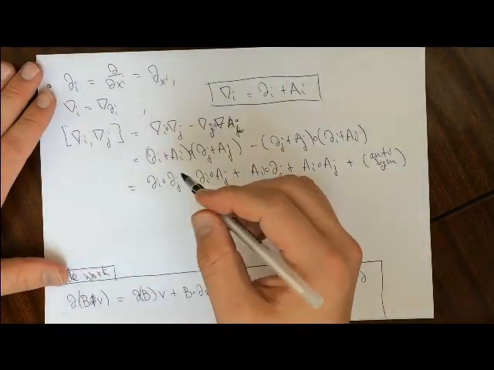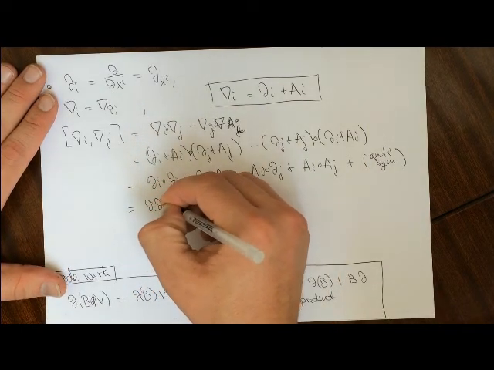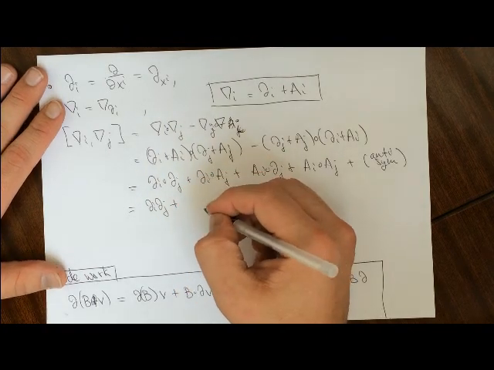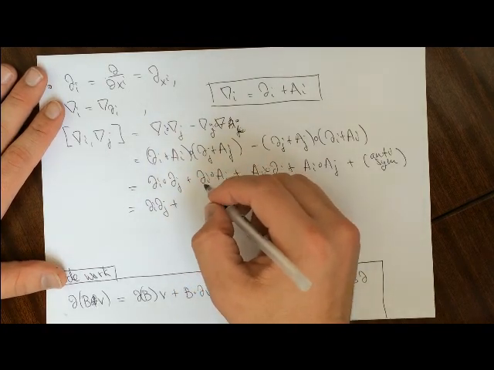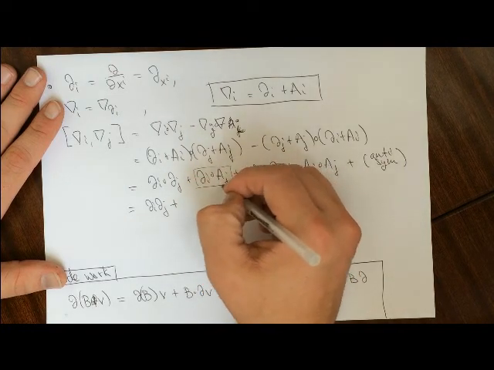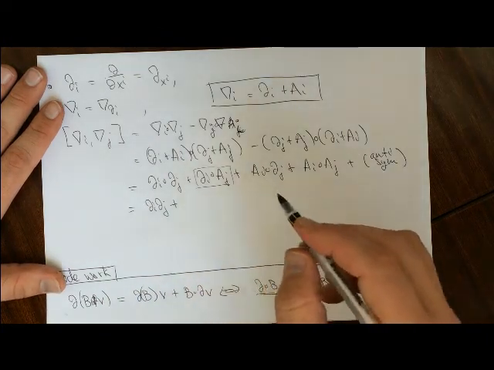So this thing becomes d_i d_j here, plus, now we have this guy. Here we have to use the product rule. So we do this. Okay, so what do we have?